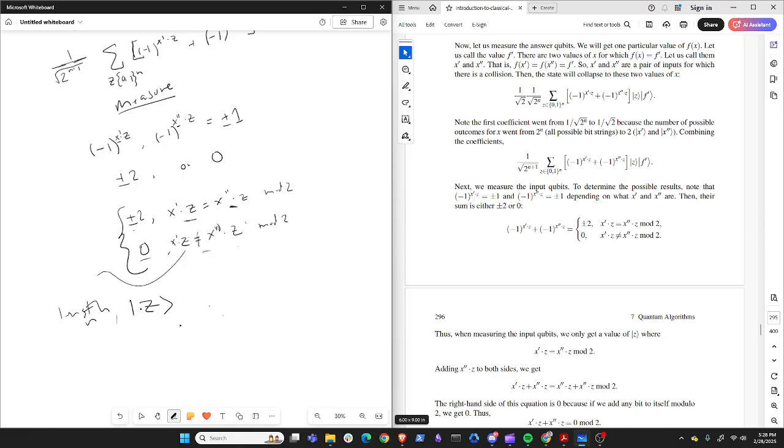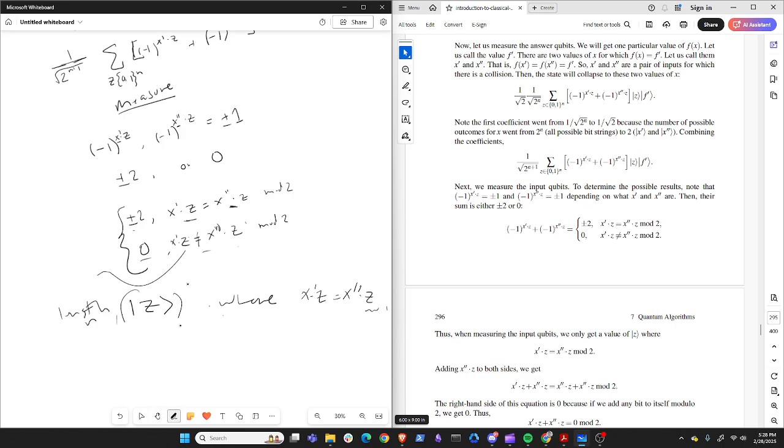We'll get one particular state from there, where x prime dot product z equals x double prime dot product z, mod 2.